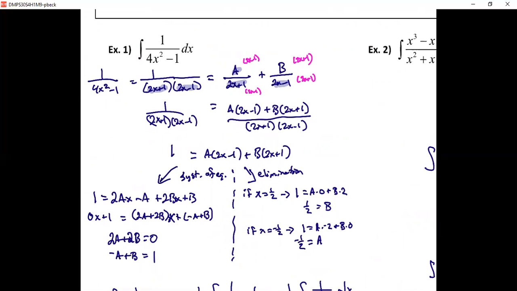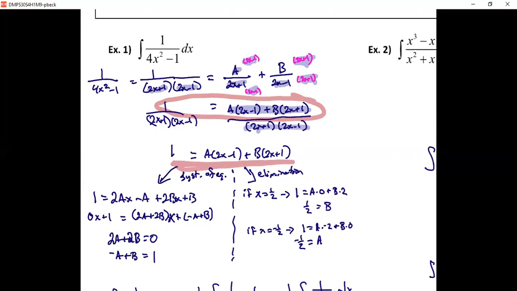And what I was showing here in the pink is, in order to combine these, I'd have to multiply that term by 2x minus 1 over 2x minus 1, and this one by 2x plus 1 over 2x plus 1. In doing so, it creates this situation over that common denominator of 2x plus 1, 2x minus 1. So what do I care about when it comes to partial fractions? What I care about more is that those numerators are going to be equal to each other. And that's my initial setup.